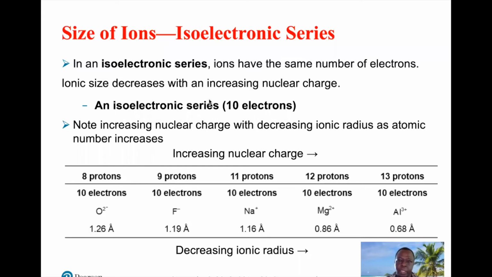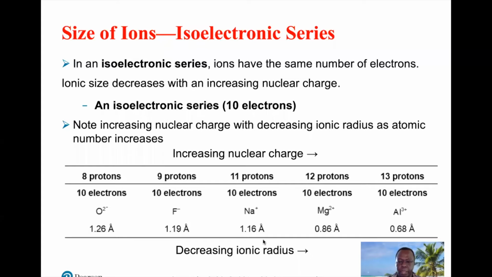It's an isoelectronic series here, but generally for ions, you need to remember the pattern in the change in sizes of an isoelectronic series. They have the same number of electrons and the same electron configuration, and the size decreases with increase in atomic number or nuclear charge.